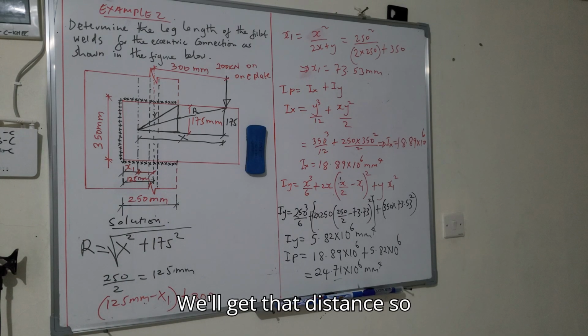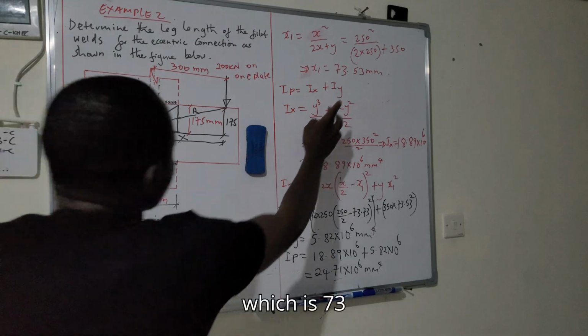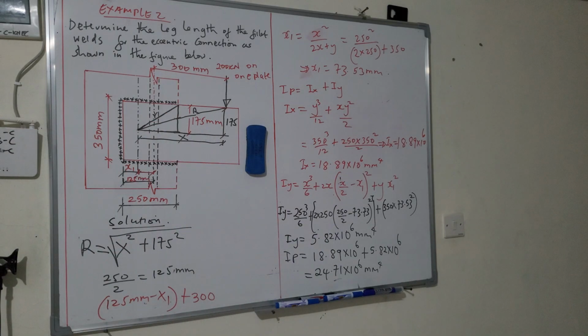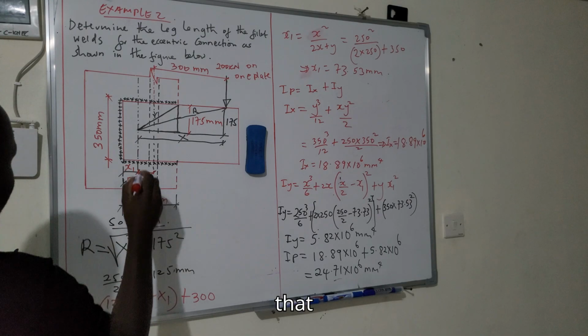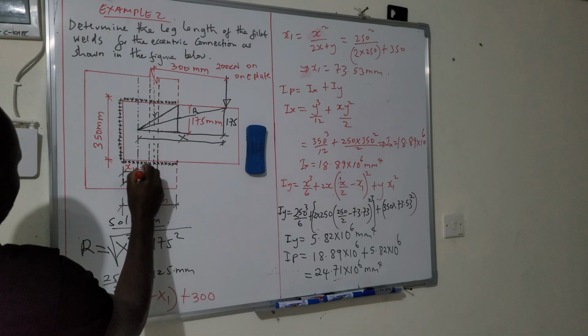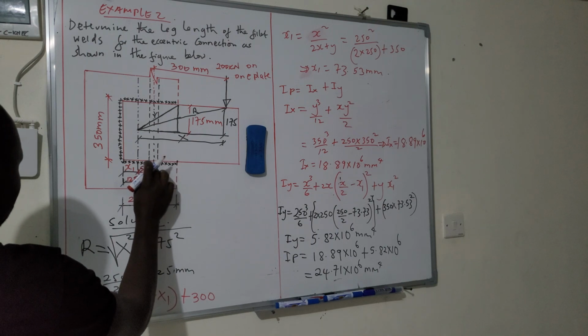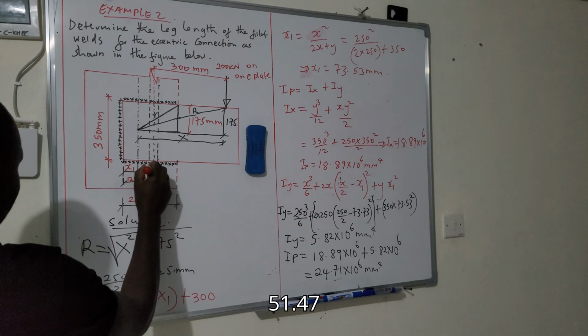We'll get that distance. So 125 minus x1, which is 73.53. So that is 51.47.